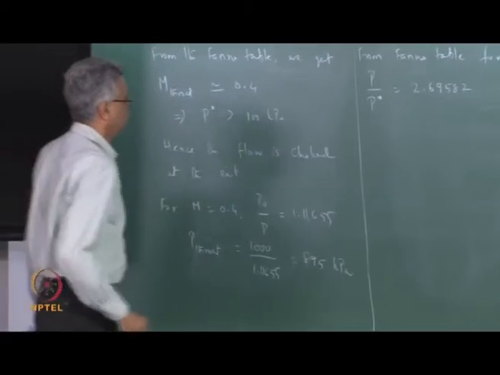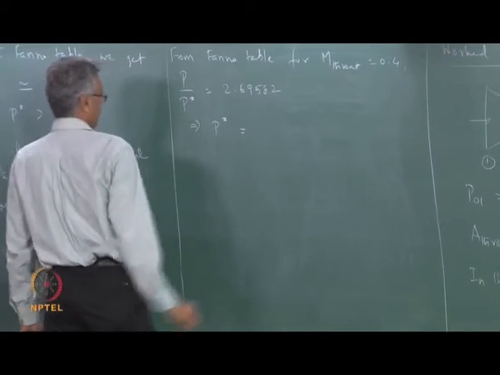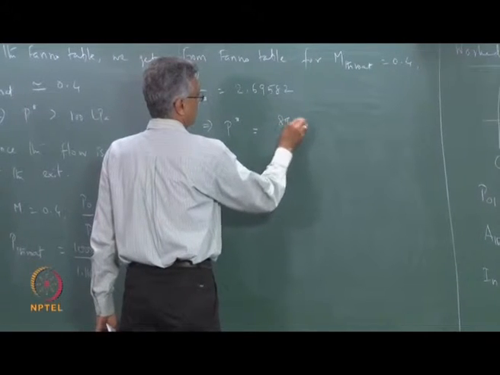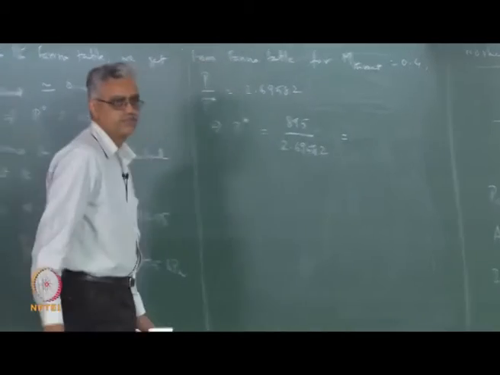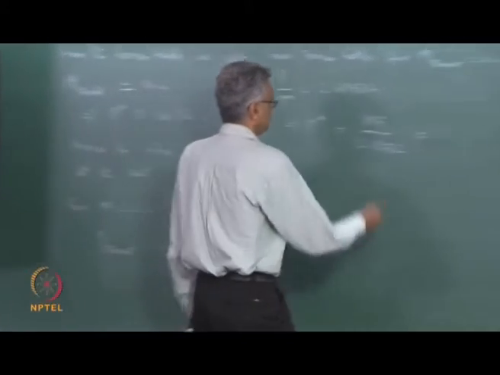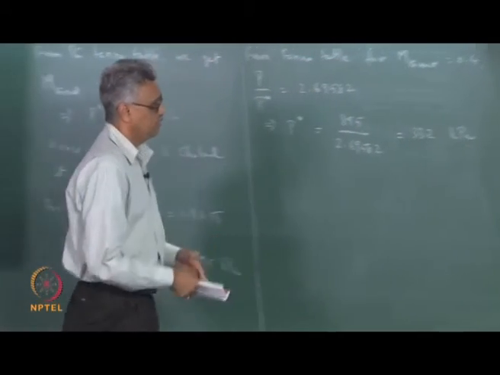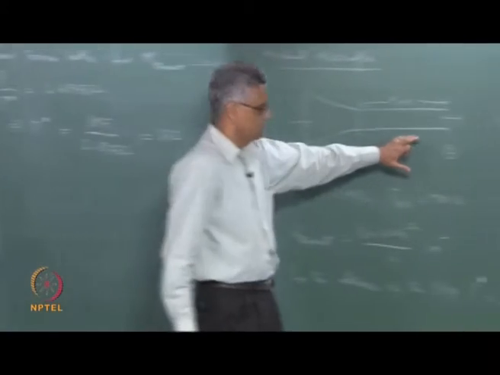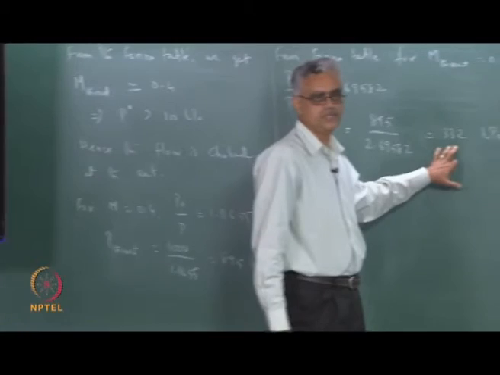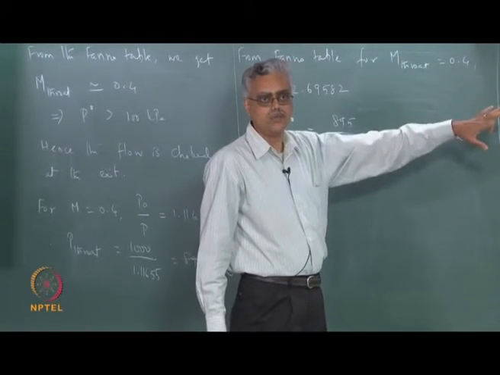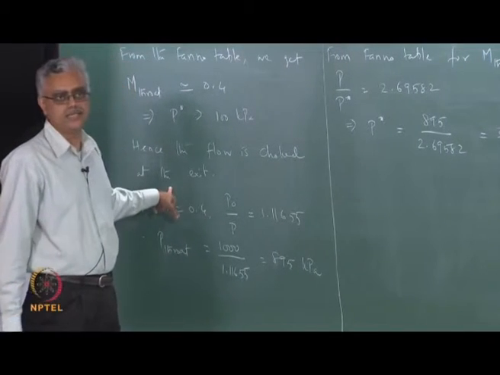So P throat is known, and from this I can calculate P star to be 895 kilopascal divided by 2.69582, which is 332 kilopascal. So if I assume L to be equal to L star and go through with this calculation, I get my P star to be 332, which is more than 100 kilopascal, the ambient pressure. Hence, I am safe in saying that the flow is indeed choked at the exit.